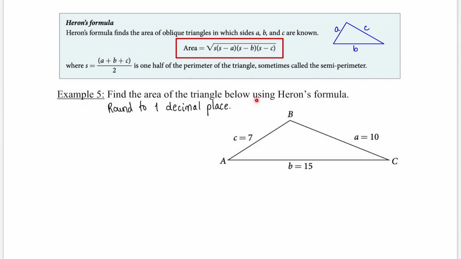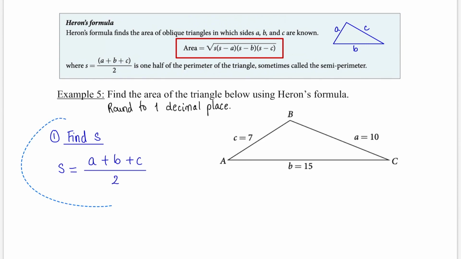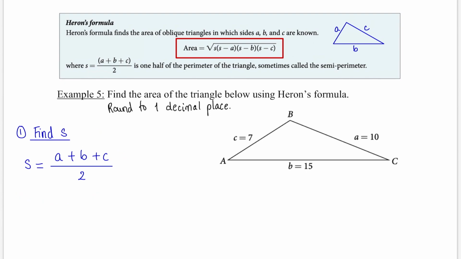Example 5. Find the area of the triangle below using Heron's formula, round to one decimal place. So I have the triangle with given A, B, C. A is 10, B is 15, and C is 7. In order to use Heron's formula, I first need to find S. And S is A plus B plus C divided by 2.